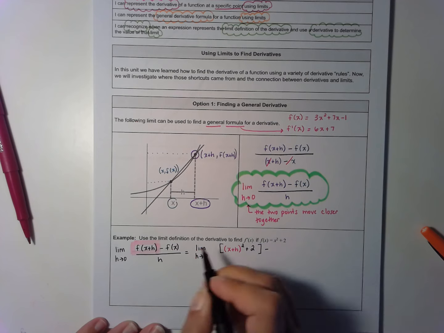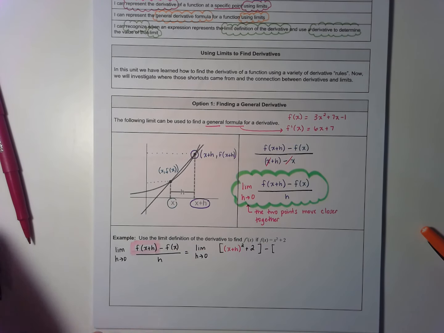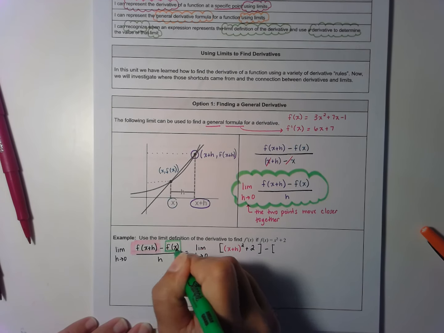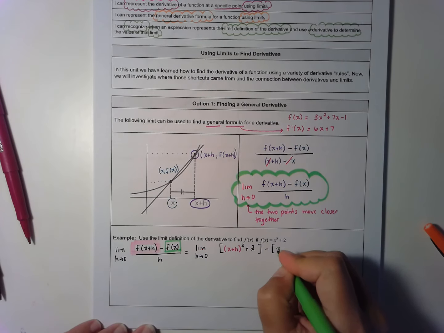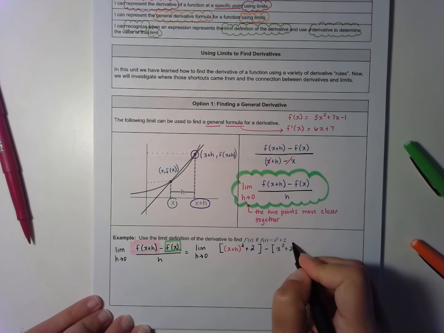Minus, then it just says f of x, and f of x is just the original formula. So this step right here would just be copying down the original formula again. So x squared plus 2, all over h.